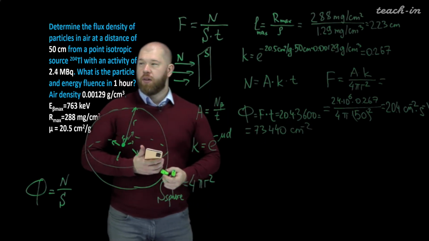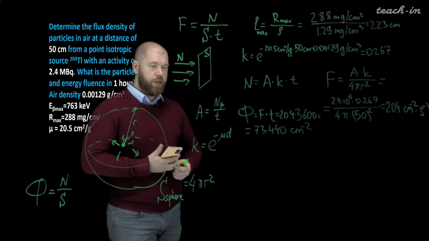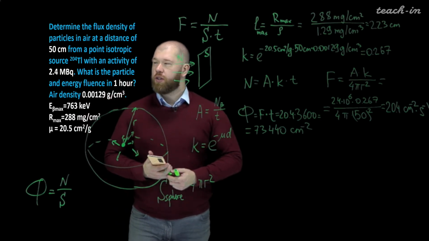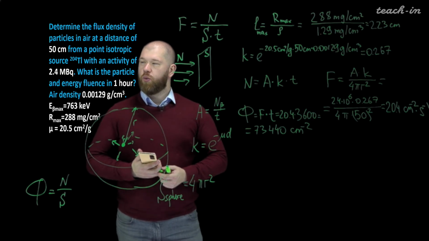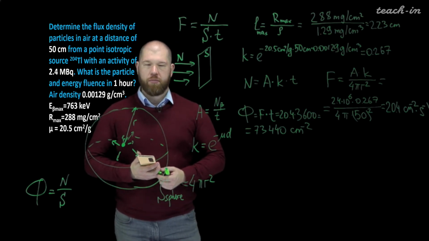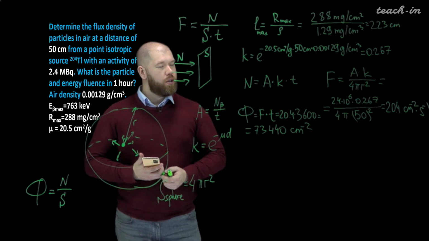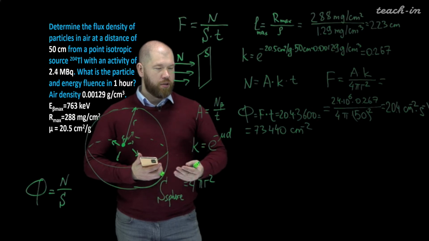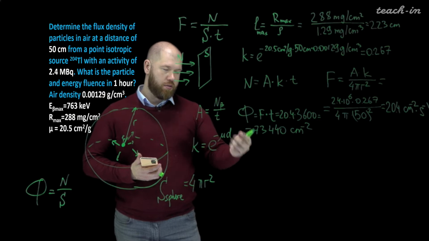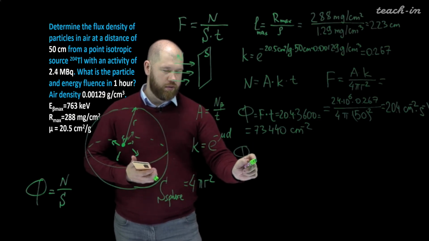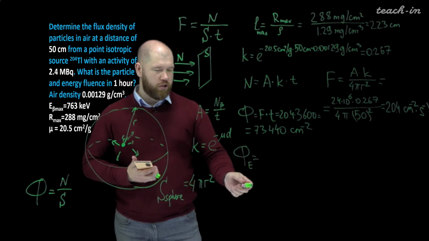Okay. And what about the energy? We know the maximum energy of beta particles that are emitted by our point source, by our thallium-204, and thus we can calculate the energy fluence by multiplication. Let's call it fluence with index E, energy.